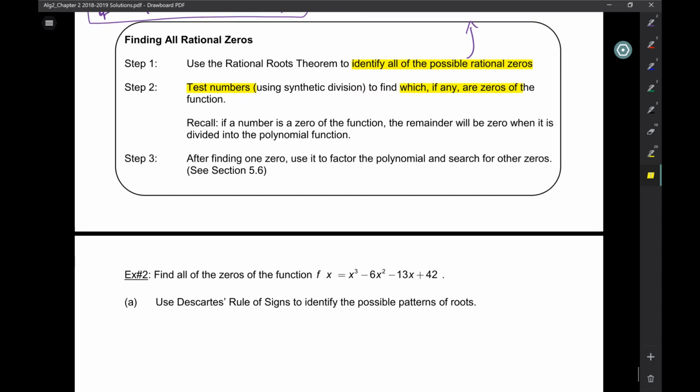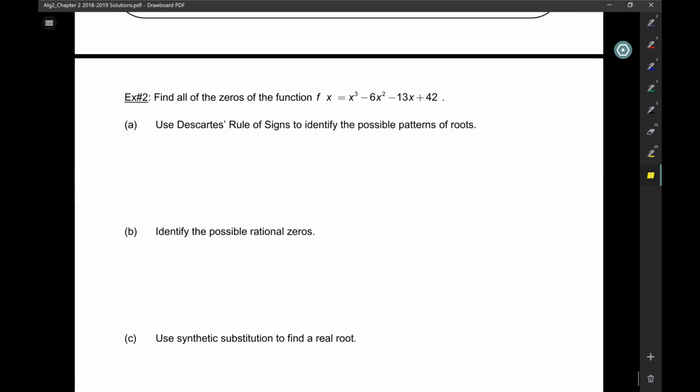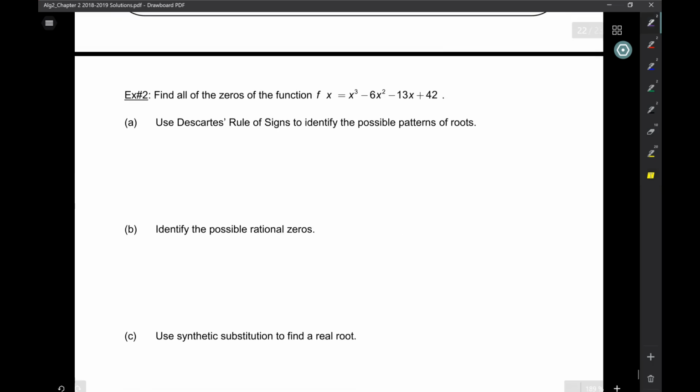Exactly, when the remainder is 0. After finding 1 zero, we're going to do what we did in 5.6 and use it to factor the polynomial. Okay? So we're going to put everything we learned into use here. One problem is going to rely on stuff we learned in like 3 different lessons.